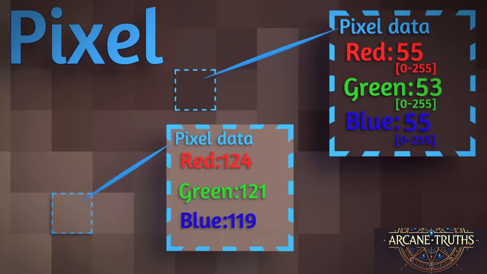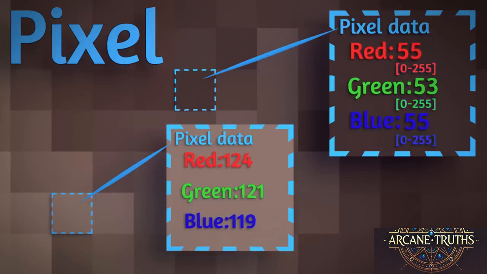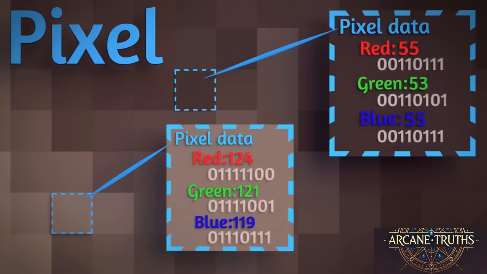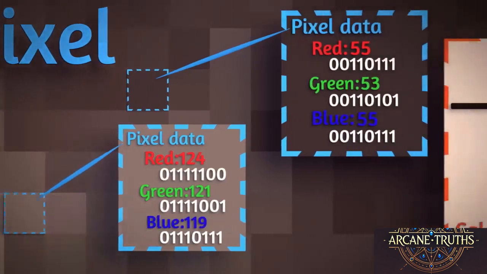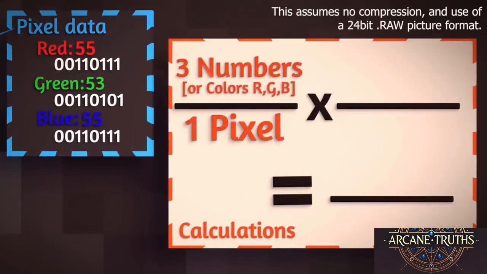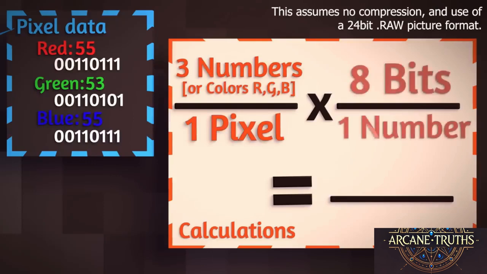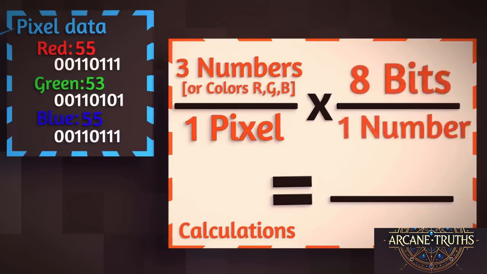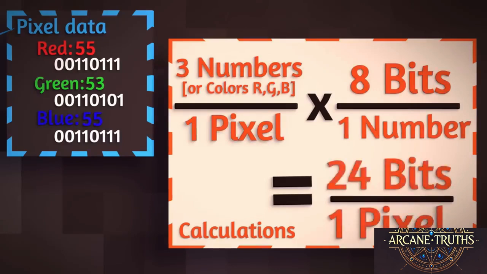Each of these 3 numbers, from 0 to 255, is represented by 8 bits in binary, or 8 ones and zeros, because computers work in binary. So, 3 colors, red, green, and blue, and 8 bits each, means each pixel takes 24 bits to define its color.